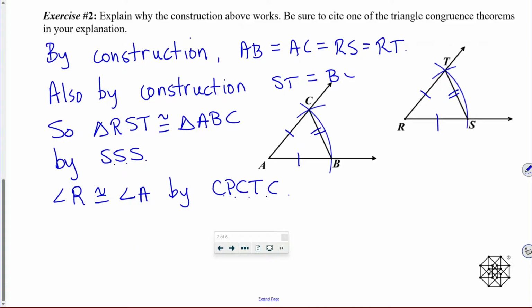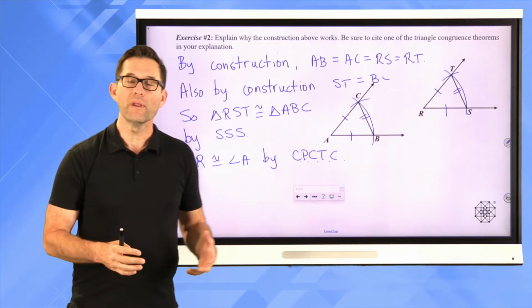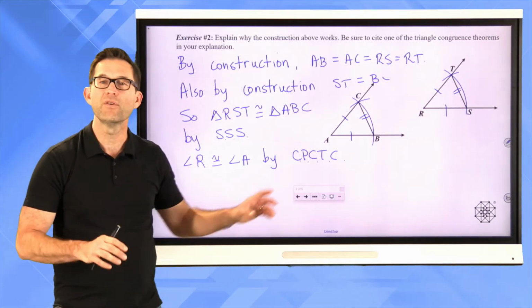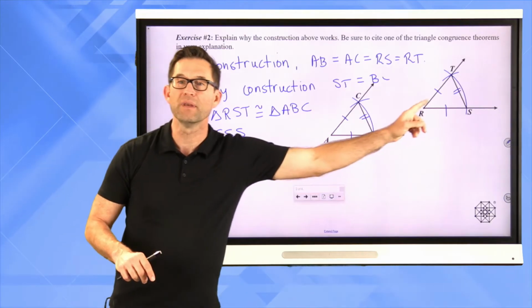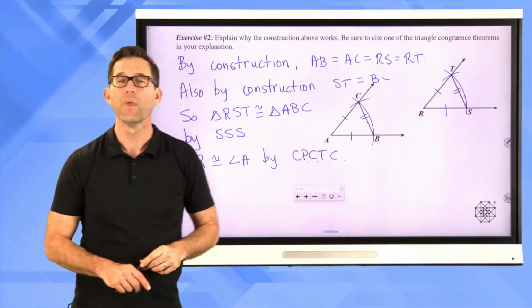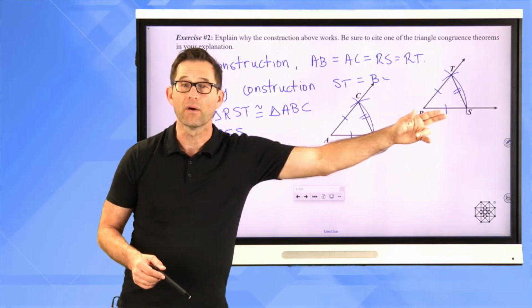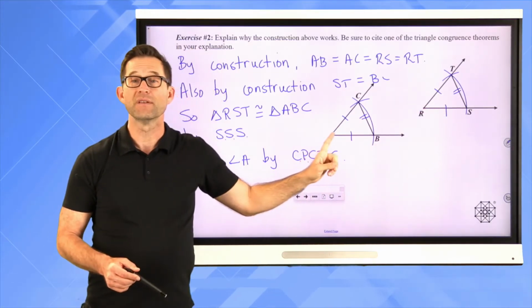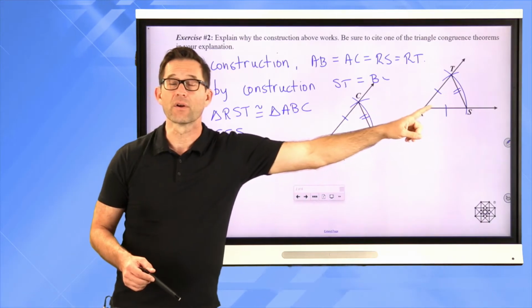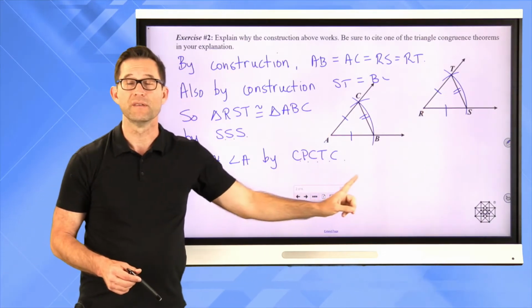So really, when I copy an angle, even if you don't have these segments BC and ST drawn in, I'm really reproducing a triangle from here over here, which then allows me to say that that angle and that angle are congruent by CPCTC.